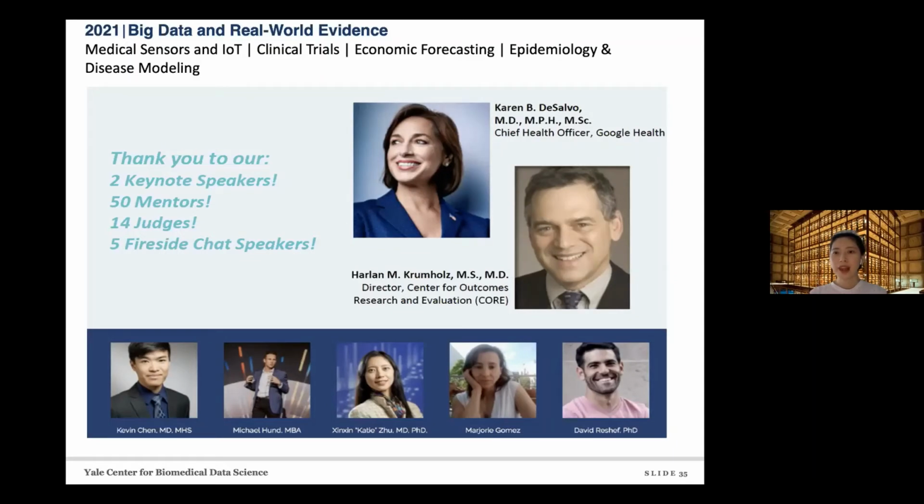We had Karen DeSalvo come as one of the keynote speakers. She now works for Google Health, but she was Assistant Secretary for Health for the ONC, the Office of the National Coordinator for Health Information Technology, during the Obama administration. We also had Dr. Harlan Krumholz, one of the steering committee members of our Center for Biomedical Data Science, so we're honored to have him.